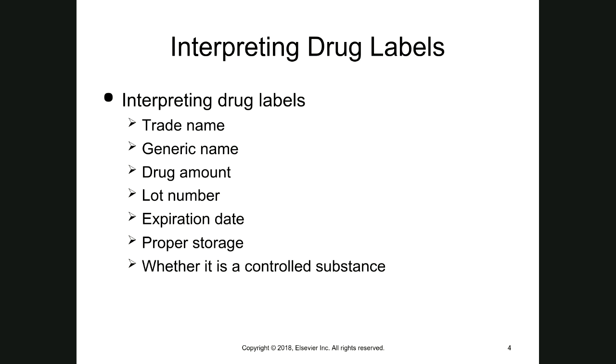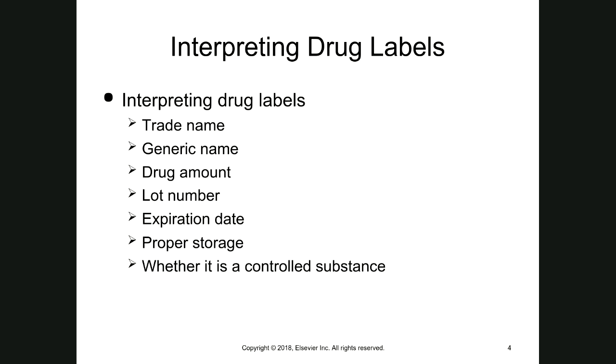And then the interpretation of drug labels. You want to make sure of the calculation method for oral and parenteral drug dosages. The pharmaceutical companies usually label their drugs with the brand name, also called the trade name, first in large letters, with the generic name second in smaller letters.